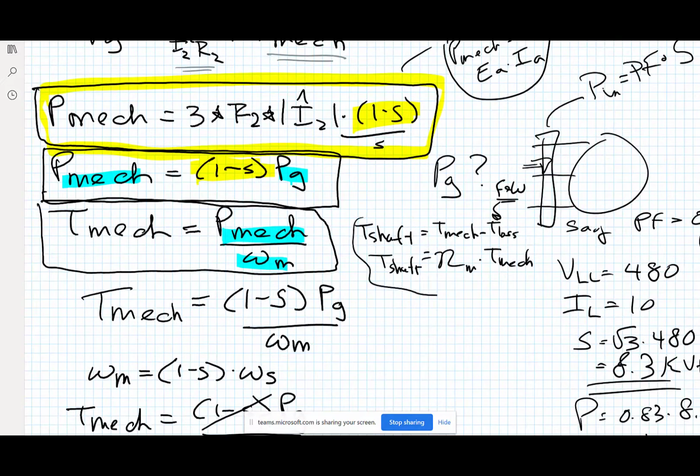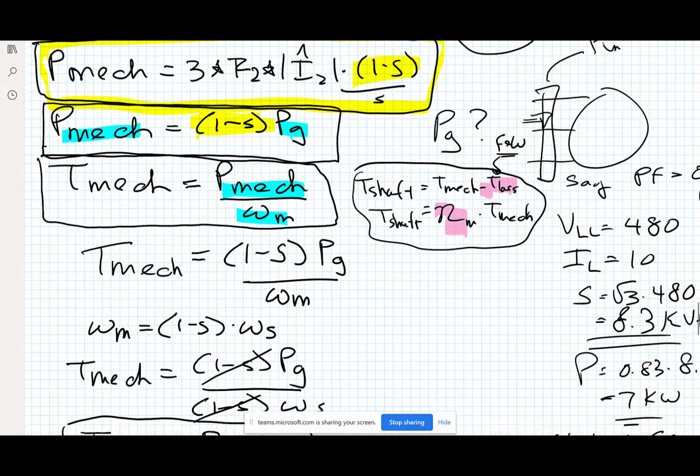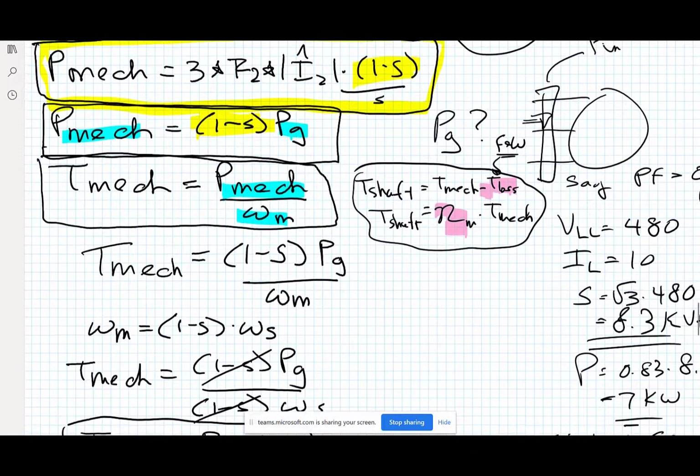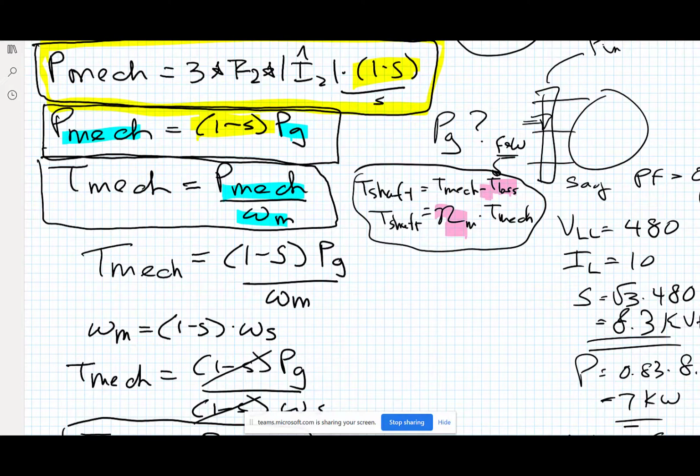So, you've got that. If you're given a loss, which one of the homework problems gives you a rotational loss, right there, you'd subtract that off there. Or if you were given an efficiency, you'd multiply it and reduce it down. That's the shaft torque. But anyway, let's go back to, we know this.